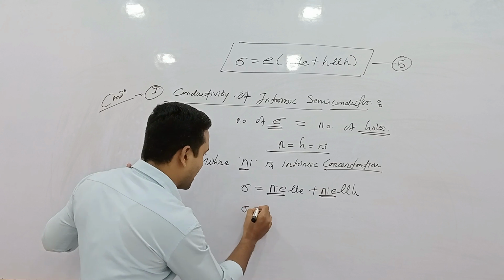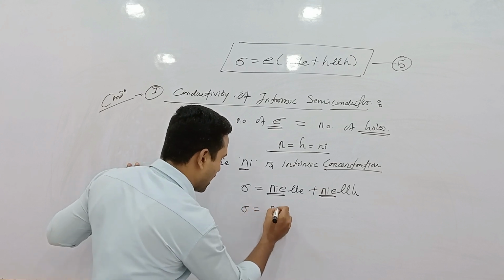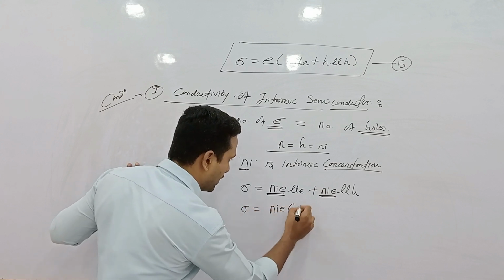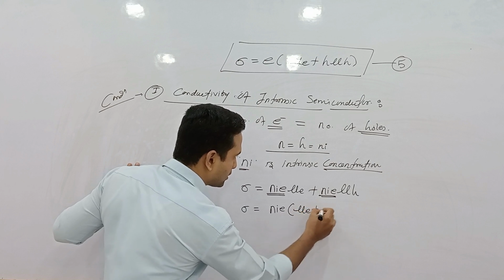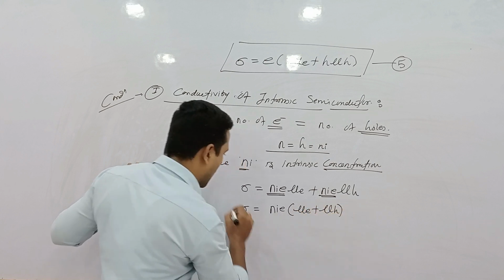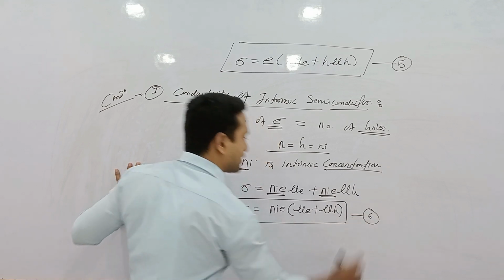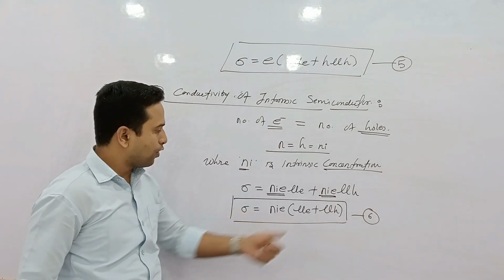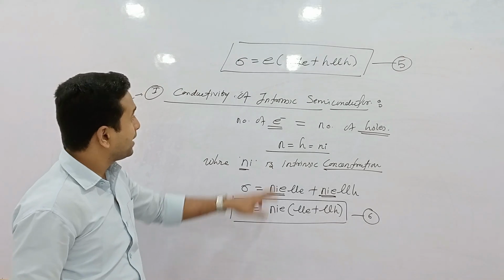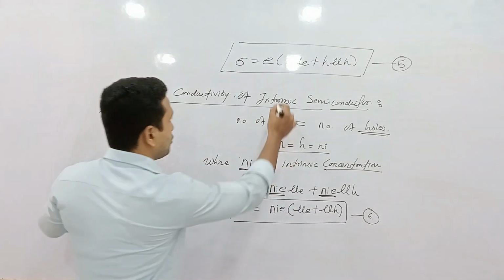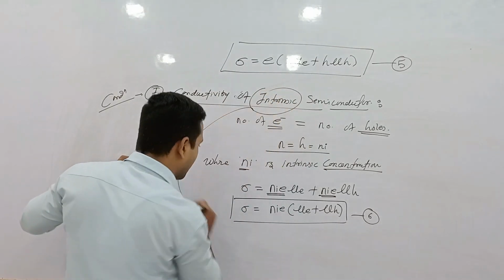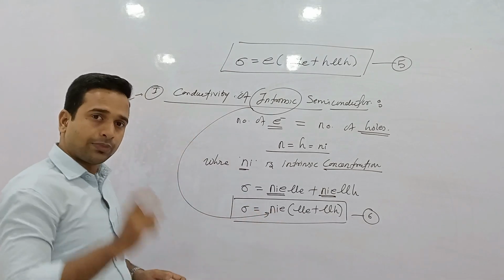So sigma is equal to ni e in brackets mu e plus mu h, and this is the expression, equation 6, for conductivity of intrinsic semiconductor. The conductivity of an intrinsic semiconductor you will get from this equation. Why?